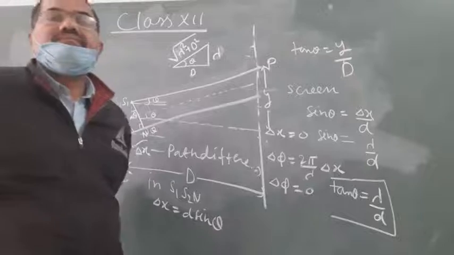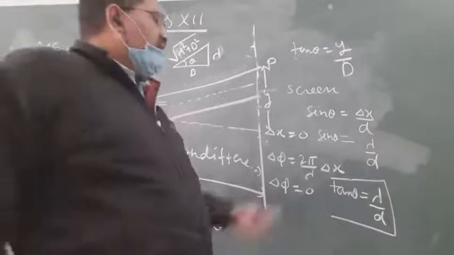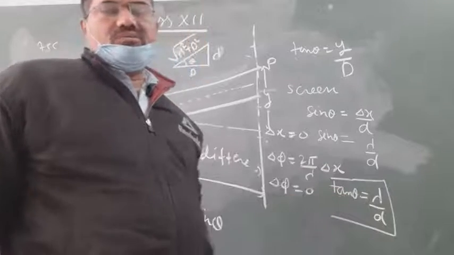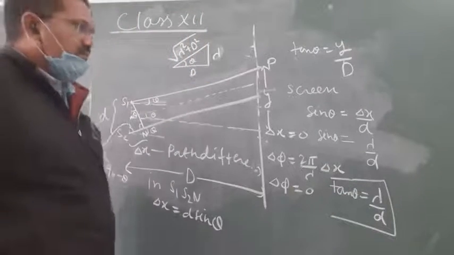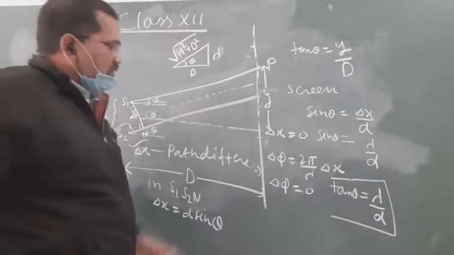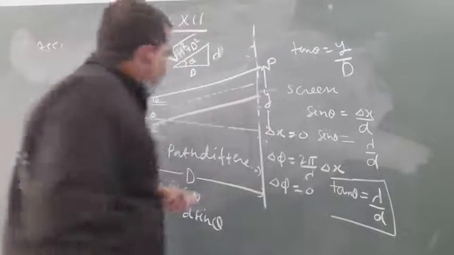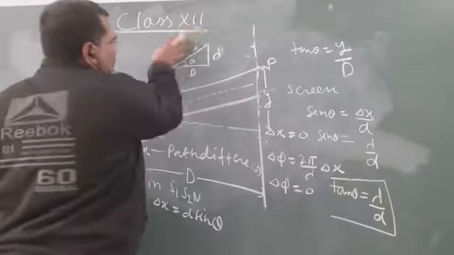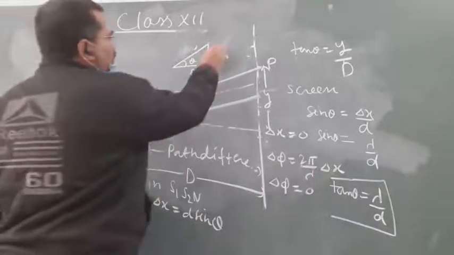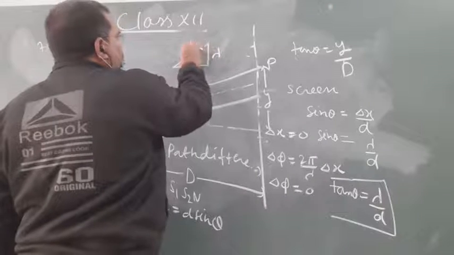You know, as we find sin theta, then definitely you can find tan theta also. Sin theta is lambda by d. It means, listen, lambda is this one and this is d.